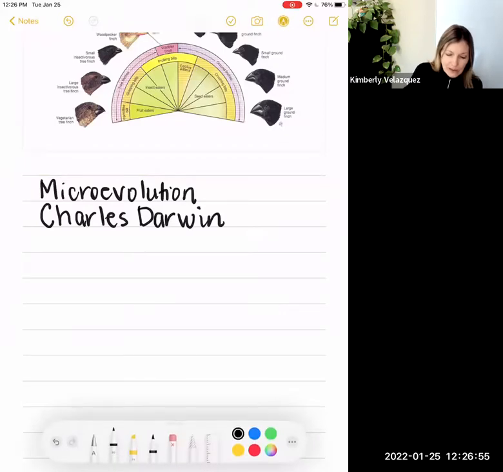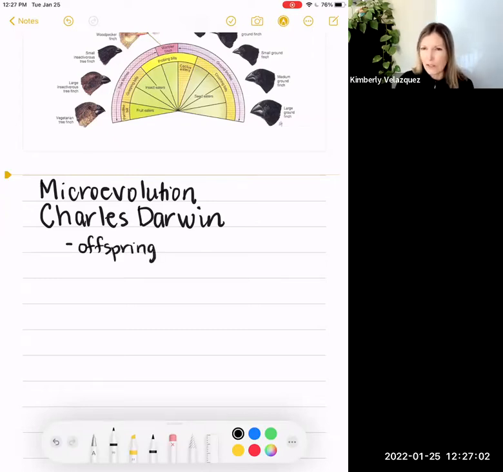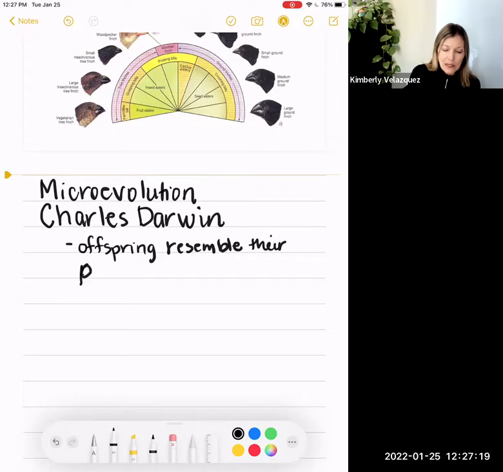And this sounds obvious to us, but again, if you're living in times when people don't really write these sorts of things down as observations, this was really important to note. And remember, we didn't have DNA analysis at that time or even know what the mechanism of heredity was, but he just was one of the first to really note that offspring resembled their parents. And there must be some mechanism by which parents were passing on traits to their offspring.